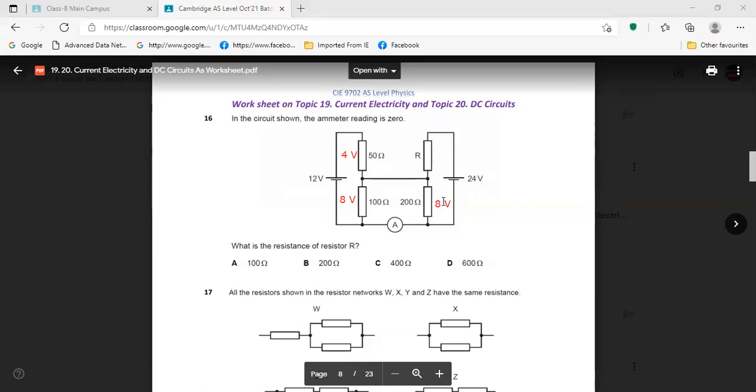How much is left? 16 volt. To share 16 volt, how much should the resistance be? 400 ohm. So it should have 400 ohms, right?